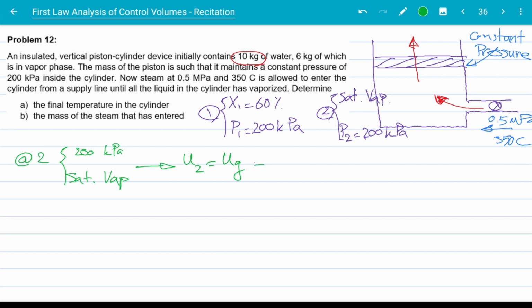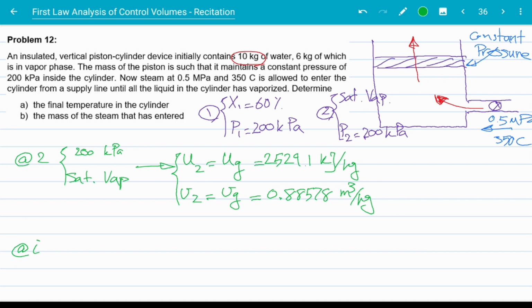From the tables, that is 2,529.1 kilojoules per kilogram. I also need specific volume, which is again the specific volume of saturated vapor. From the tables, that is 0.88578 meters cubed per kilogram.